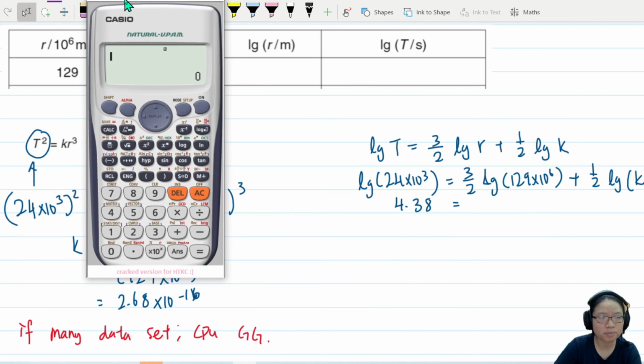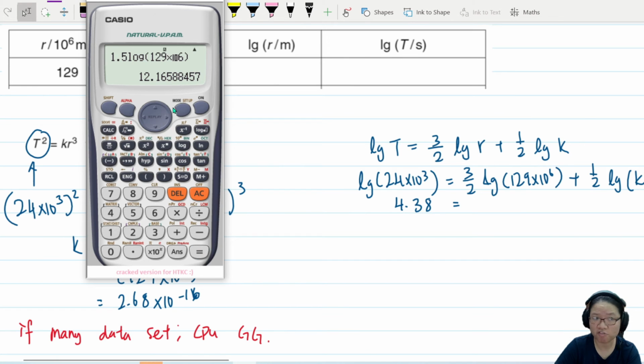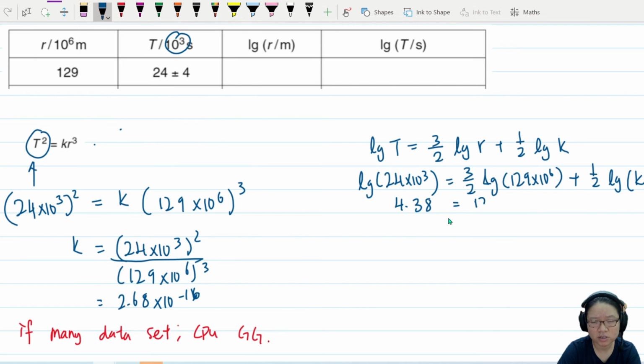The other term will be 3 over 2, or 1.5, times log 129 times 10 to the power of 6. This one is 12.165, or 12.17, plus half log k.